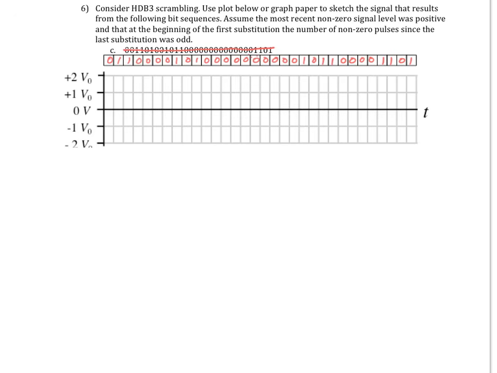And just to review quickly, AMI, alternate mark inversion, takes a 0 bit and gives a 0 voltage, and a 1 bit alternates between plus V and minus V. I'll label it V0 here to match the figure where I have the voltages.